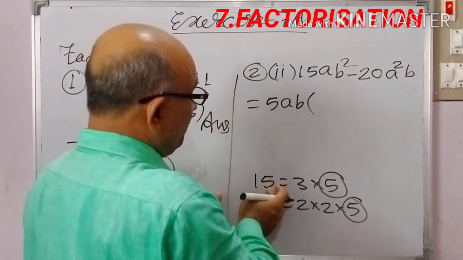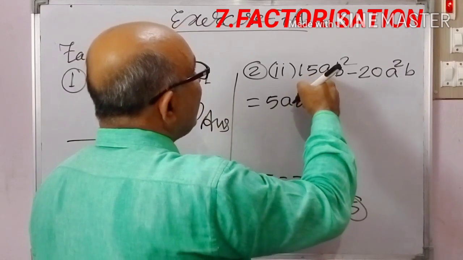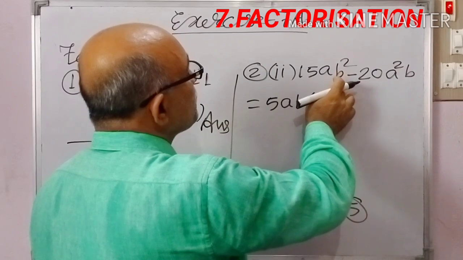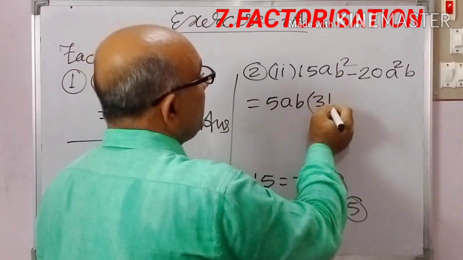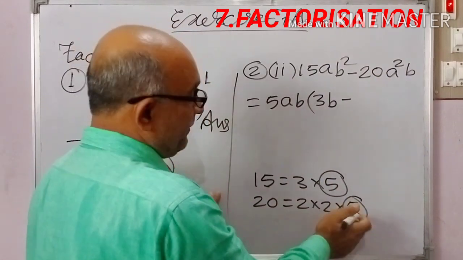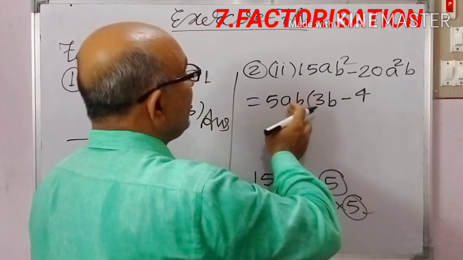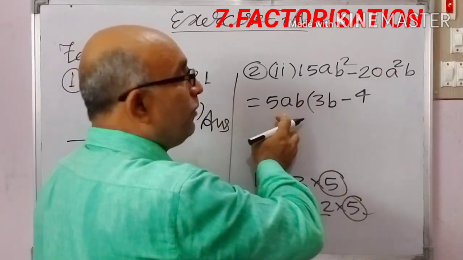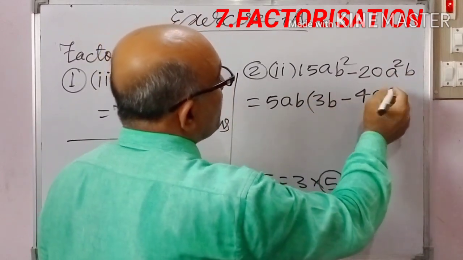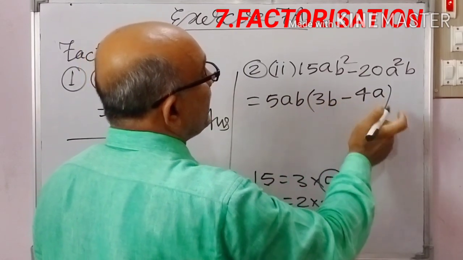Now in 15, 5 is common, remaining 3. A is common, no remaining. In b square, b is common, remaining b. Minus in 20, 2 into 2 into 5, 5 is common, remaining 2 into 2, 4. In a square, a is common, remaining a. In b, b is common, no remaining. So 5ab into 3b minus 4a.